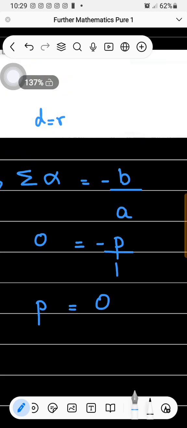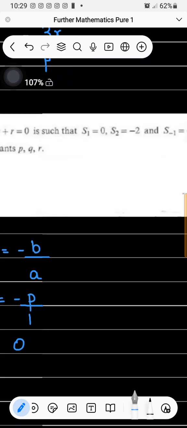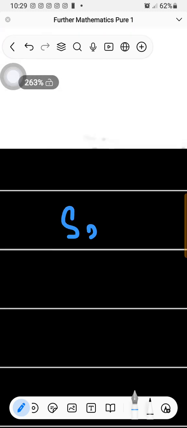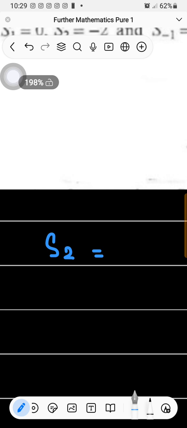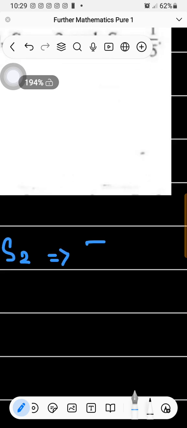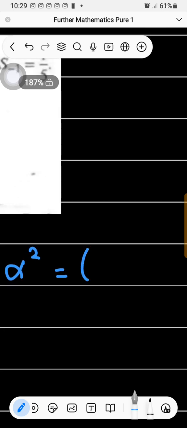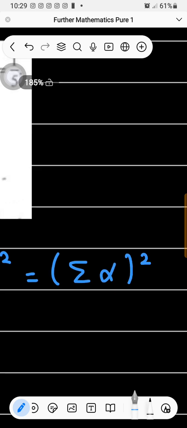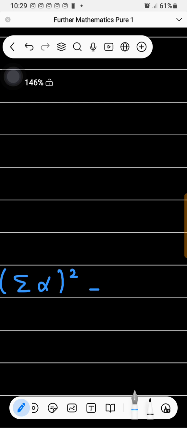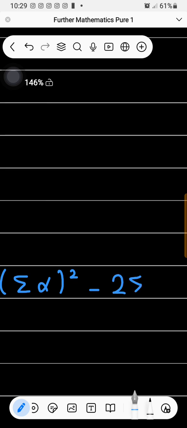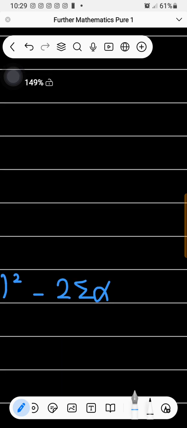Okay, then we know that s2 is equal to sum of alpha square, equal to sum of alpha whole square minus 2 sum of alpha beta.